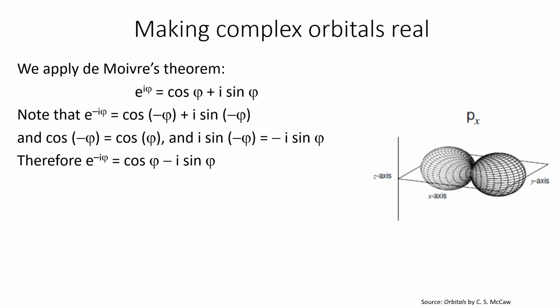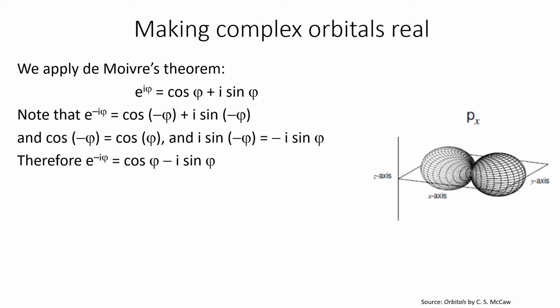But the same isn't true of the sine function. So the sine of minus an angle is actually equal to minus the sine of the angle. And so therefore we can say that e to the minus i phi is going to be equal to cos phi, that's the same as cos of minus phi, minus i sine phi.